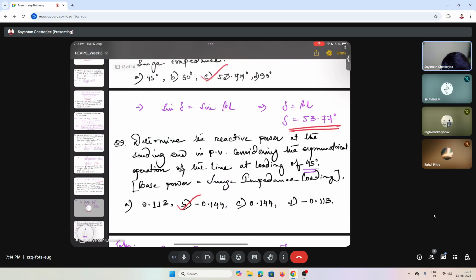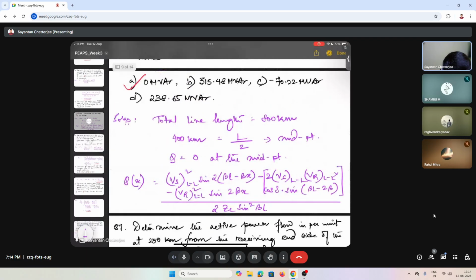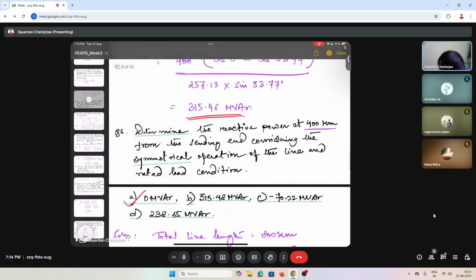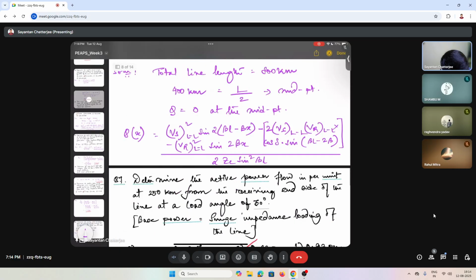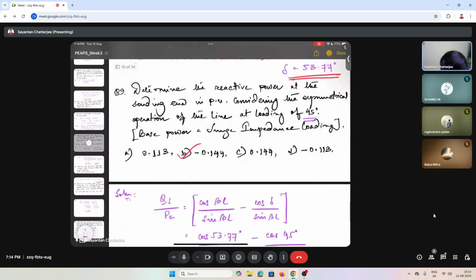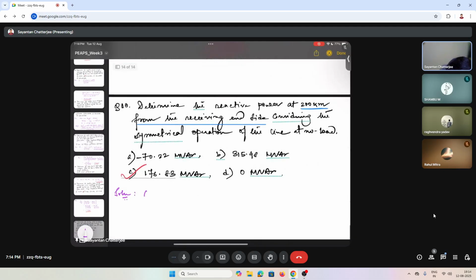So this one was the reactive power, the reactive power equation from the sending end, right? So it's at x distance from the sending end.